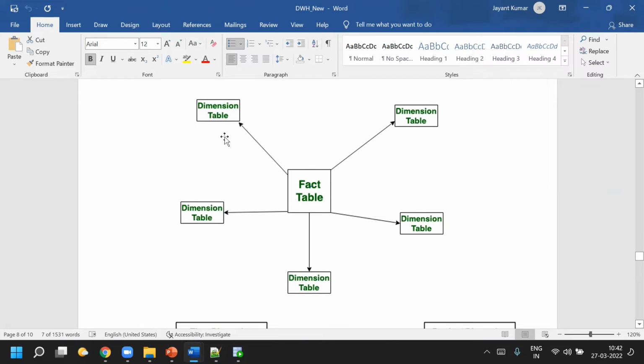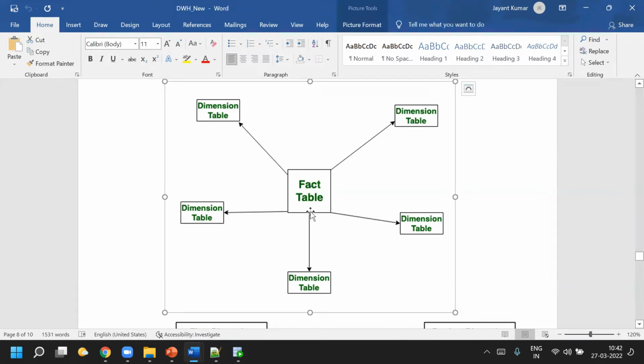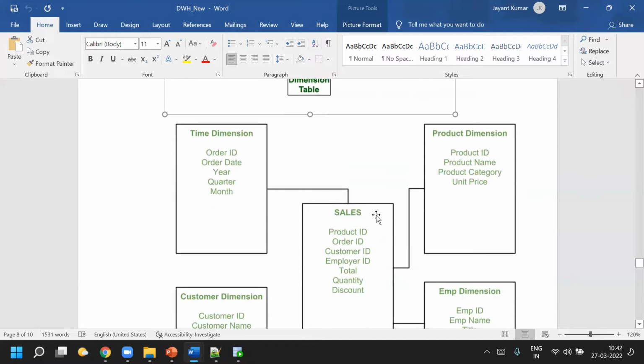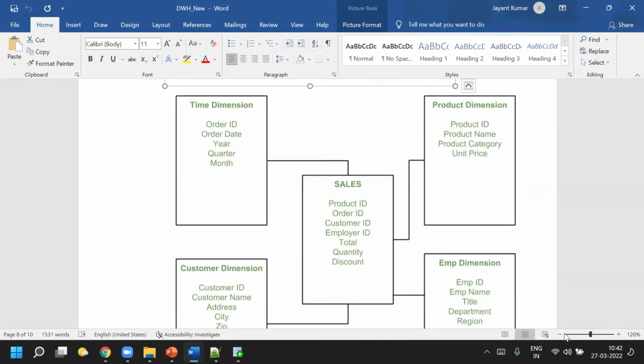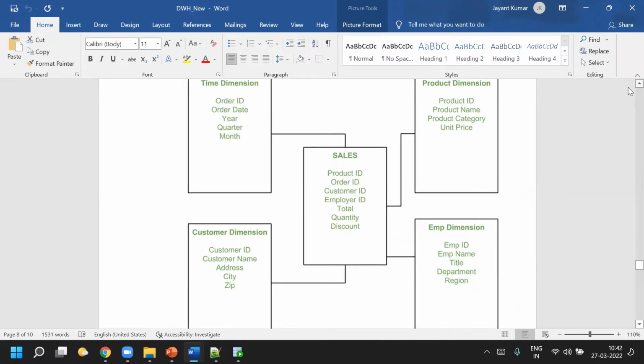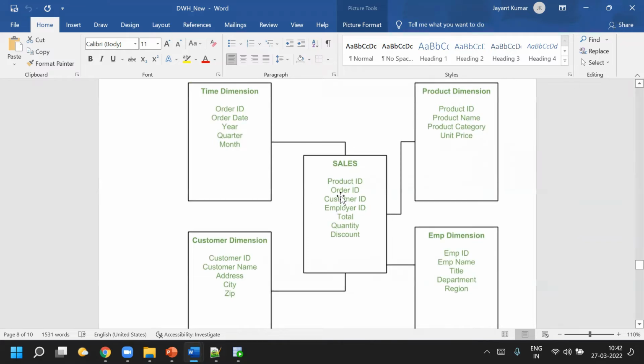Each dimension table represents one detail table, and another dimension table represents another detail table. Like that, it will have multiple dimension tables. The simple architecture of a star schema is a center fact table surrounded by multiple dimension tables. Consider this a sales fact table.